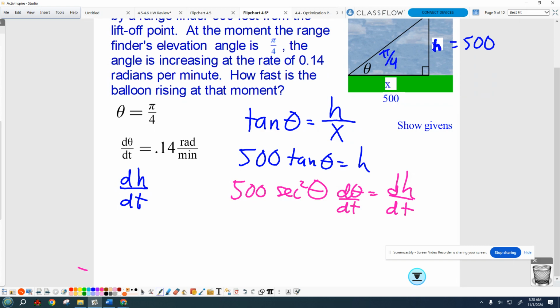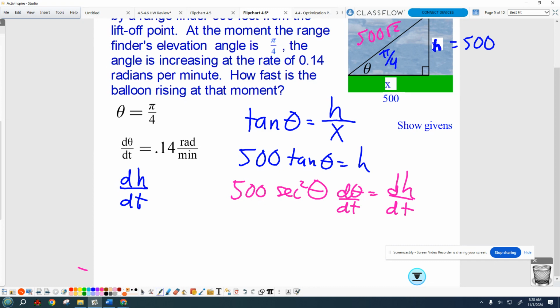Okay, easy peasy, without a calculator. What is secant of theta? Hypotenuse over x. So what is the hypotenuse without a calculator? 500 root 2, it's a 45, 45, 90 triangle, 1, 1, root 2.